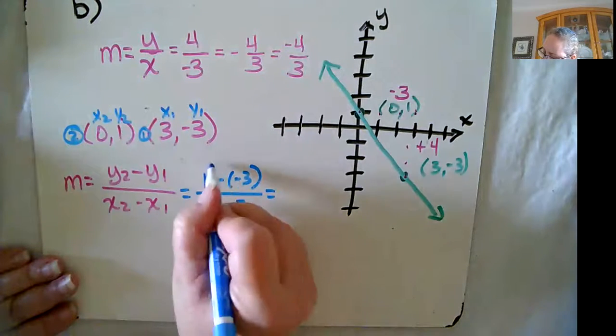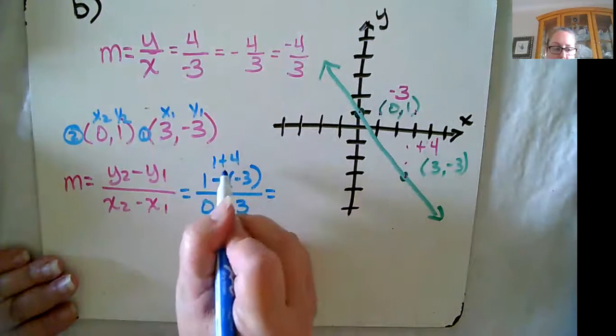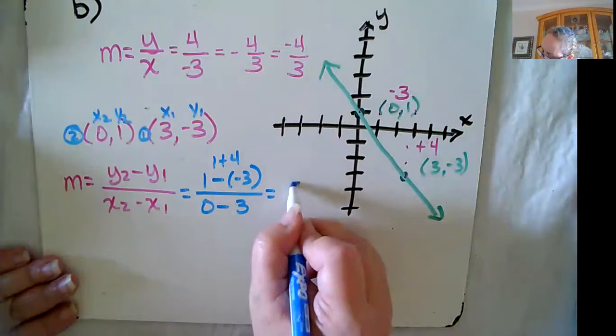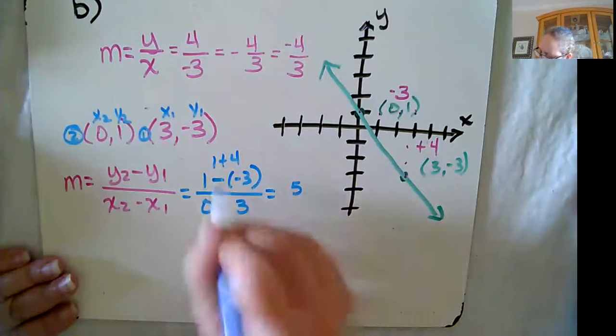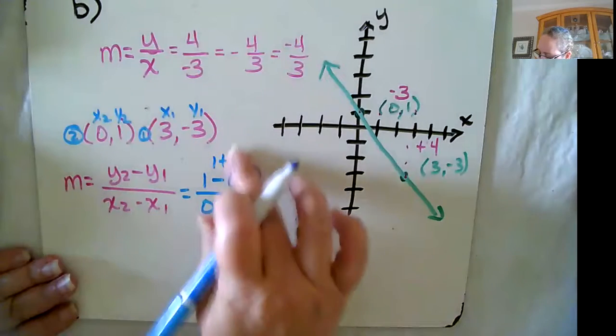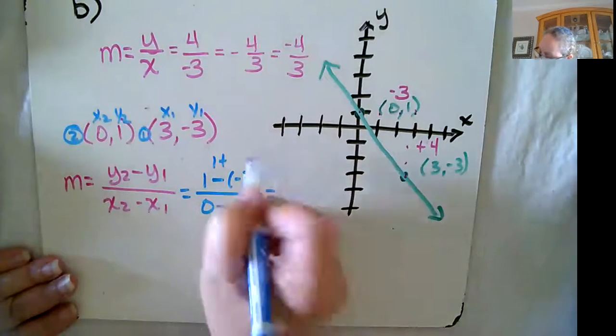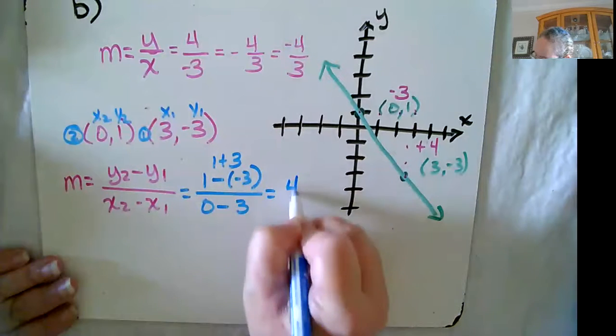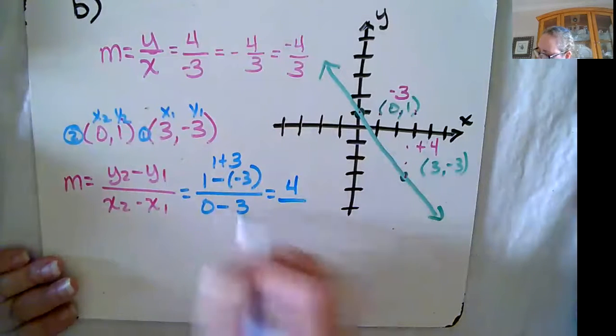A negative and a negative gives us a positive, so it actually ends up being 1 plus 3, which is 4, over -3.